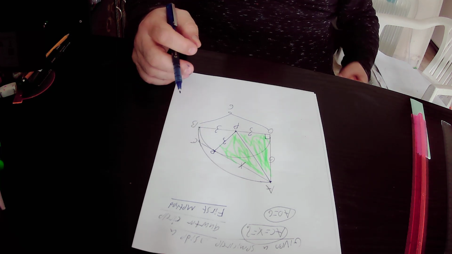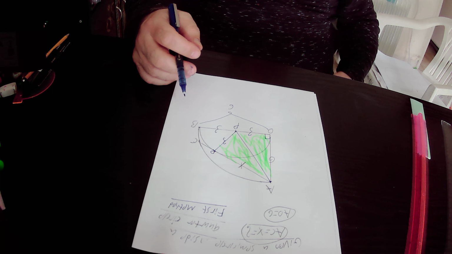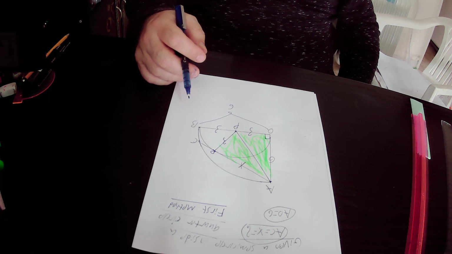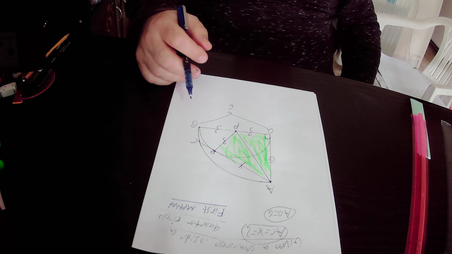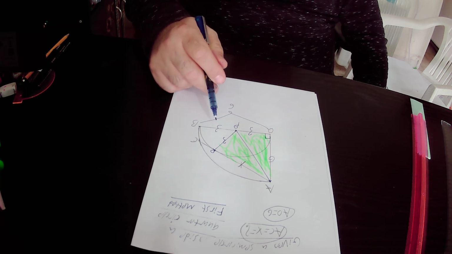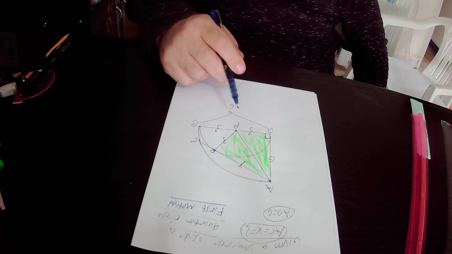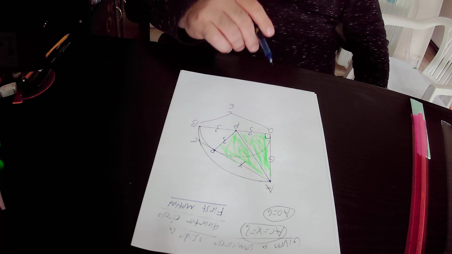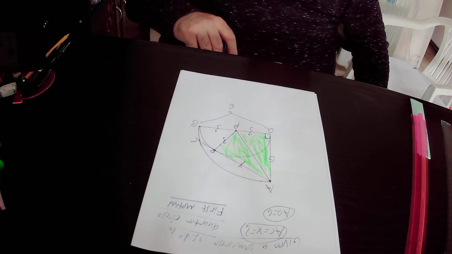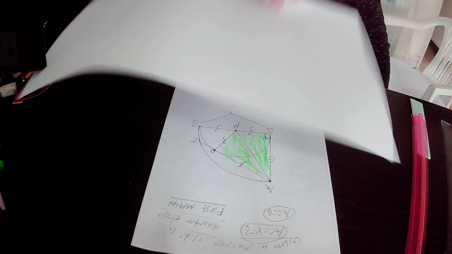So, according to rule number 1, whenever you have two tangents to a circle or to a semicircle from a common external point, that is to say from point A, then the lengths of those two tangents will be equal to each other. That is to say AO equals AD according to rule number 1. I'll write it down.